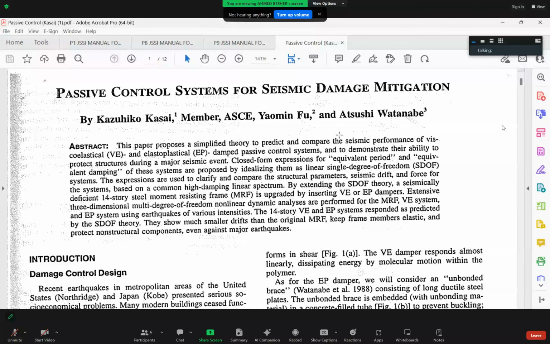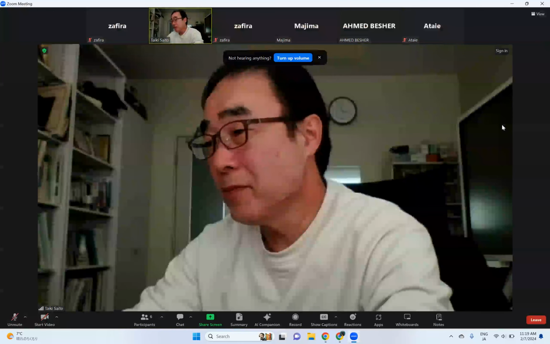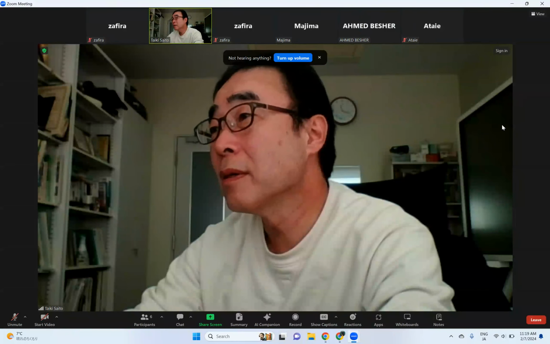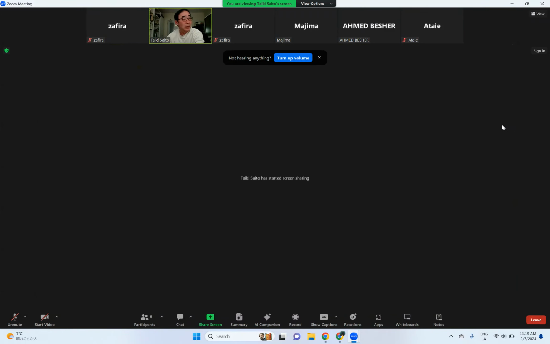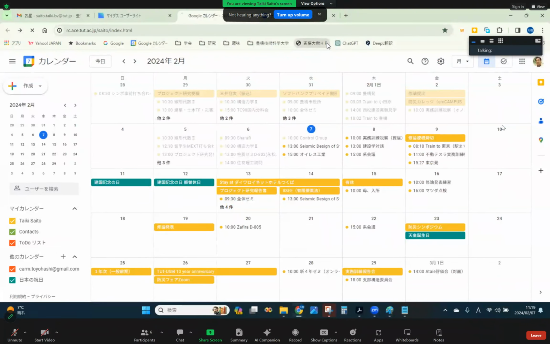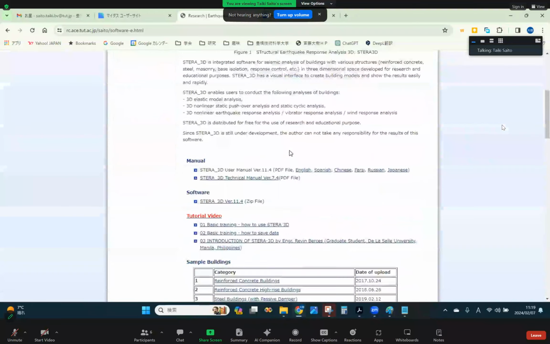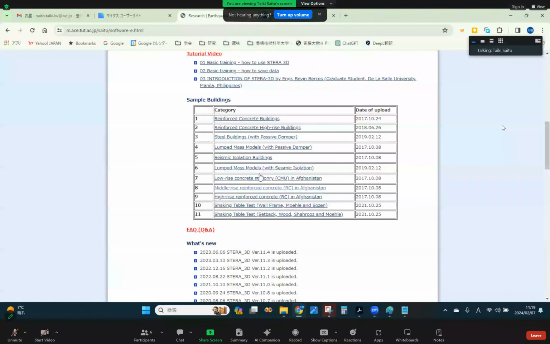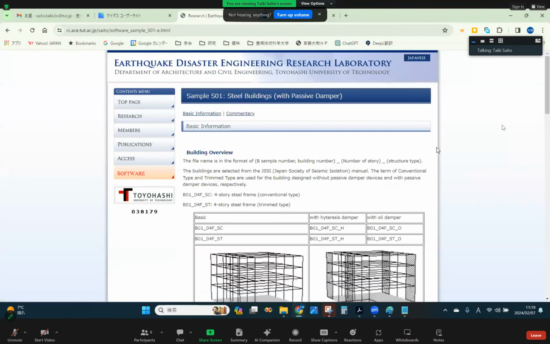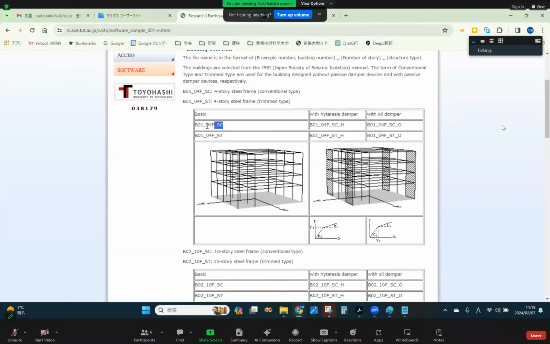You know, there is a trim building and a conventional building in the Stella 3D sample. Did you analyze it? Not yet? Can I share my screen? Yes, Sensei. So if you go to my website, this is Stella 3D, and in the sample there is a steel building with passive dampers.